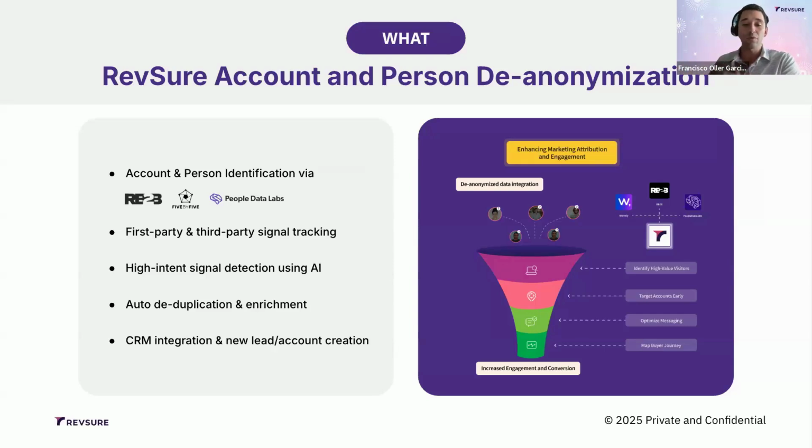So everyone that we're seeing, everyone that your sales and marketing teams see, is unique. And then integrating that with your CRM and creating new leads and accounts where those are not there. Exactly. And this is really where your funnel becomes visible with context, not chaos.